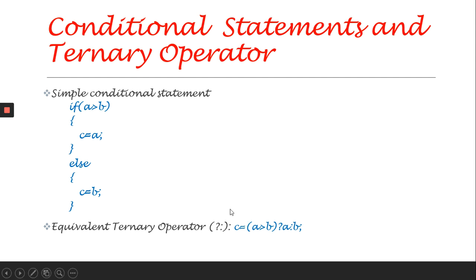So here if is not written, instead we write the condition, then write A, that is if the condition is true, C will be assigned to A. If the condition is false, C will get the value from B.